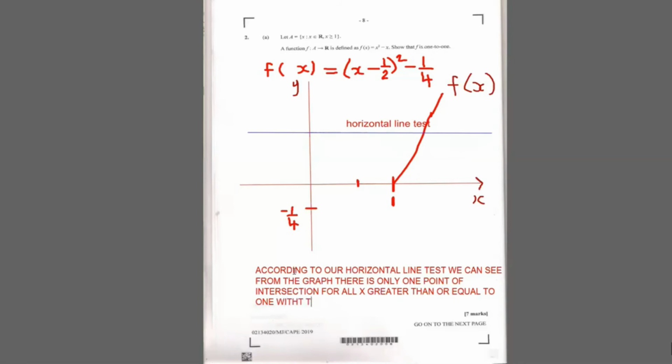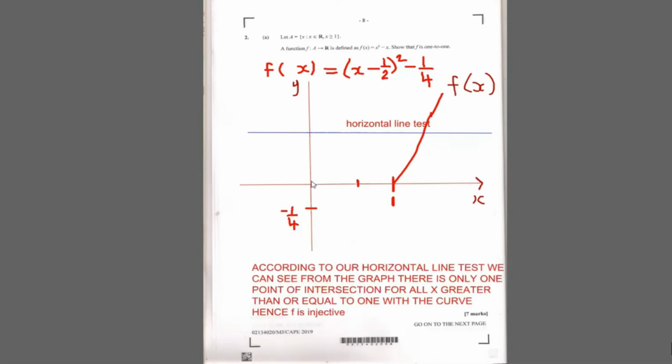So there's only one point of intersection with the curve, with the horizontal line. Hence, f is injective. So it is 1 to 1 or injective. Nice and easy. So we've shown that it's injective.